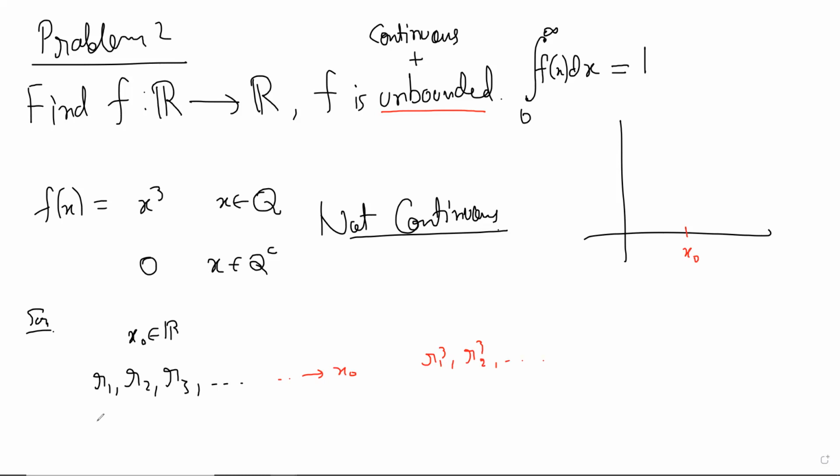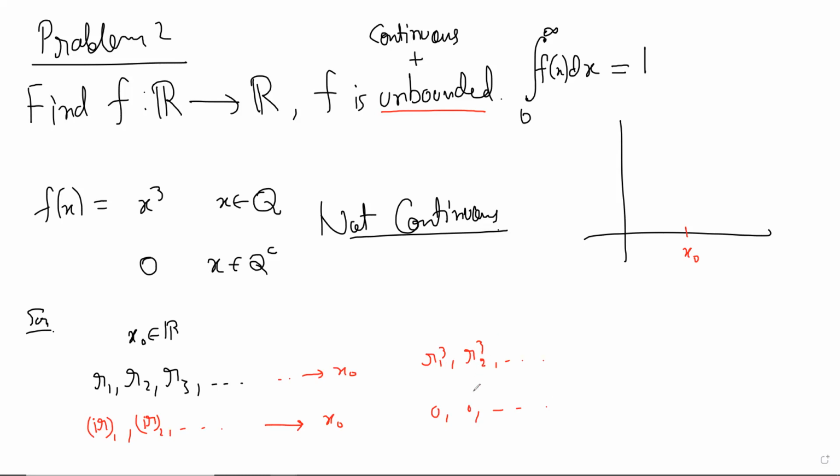If you take a sequence of irrationals tending to x naught, then this will go to 0. And these two are not the same.